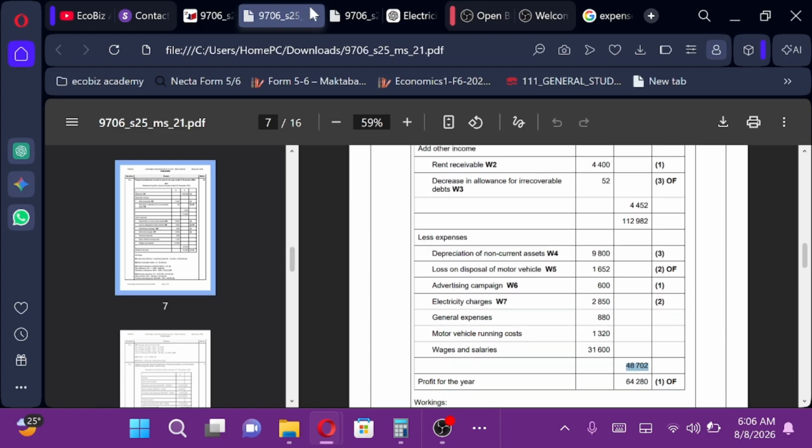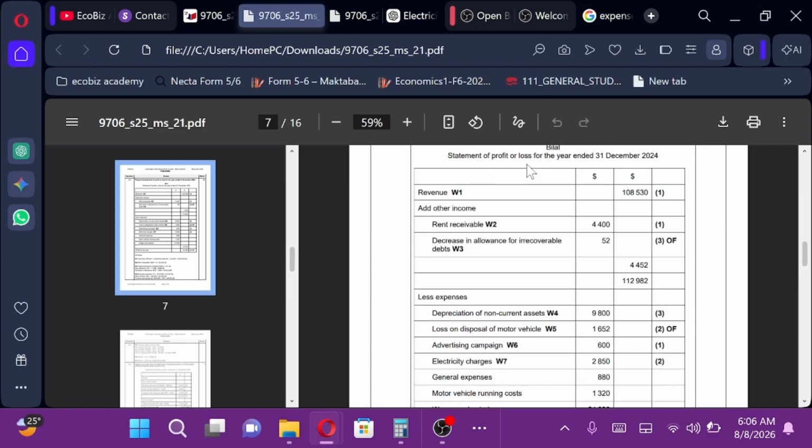Now what we're going to do is take the total revenue less the total expenses to get the profit. For example, we have a business, and we sell 20,000 blankets, let's say.